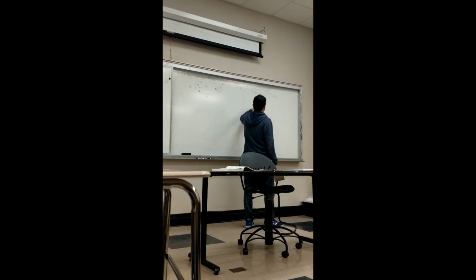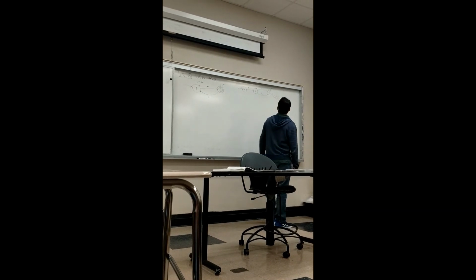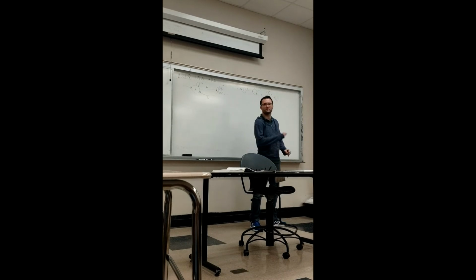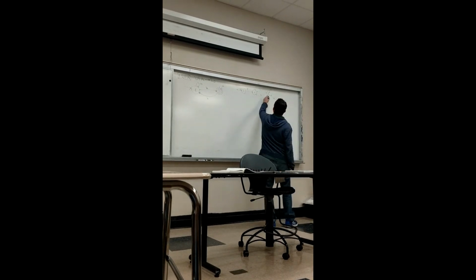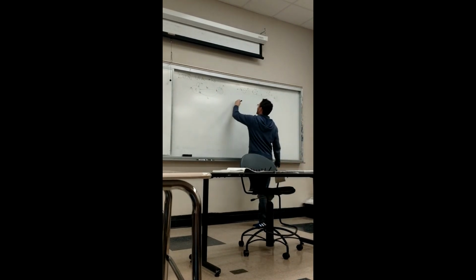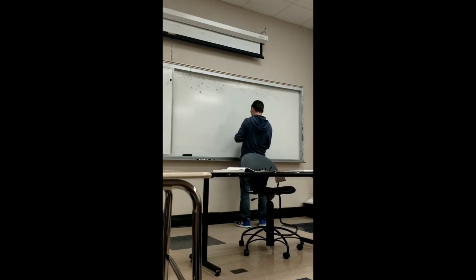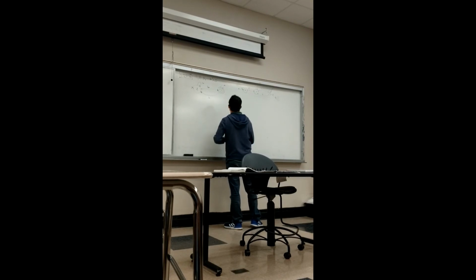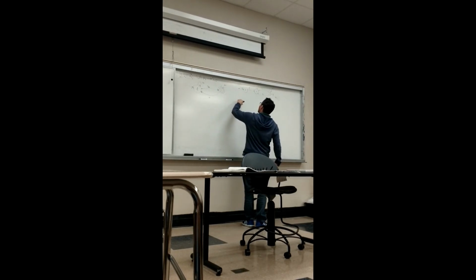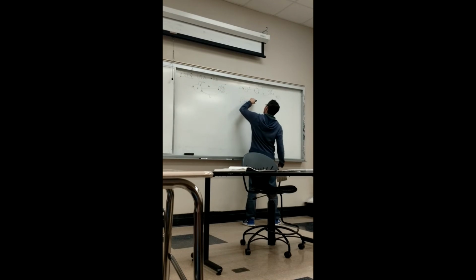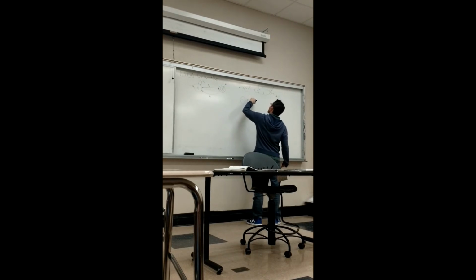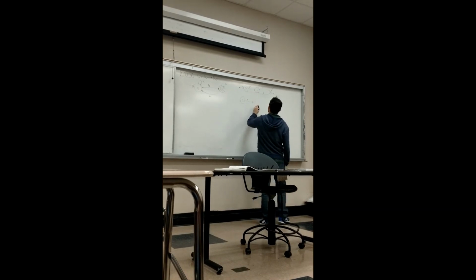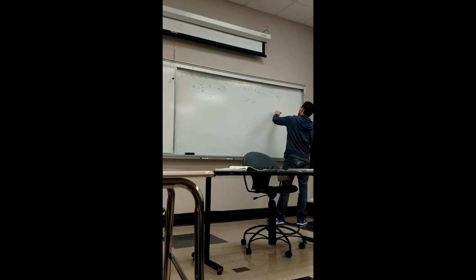All right, we have to eliminate one of these two, right? Which one should we do first? 2. 2? Okay. So from 1, you can go all the way to F, right?